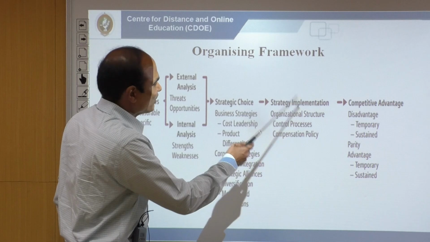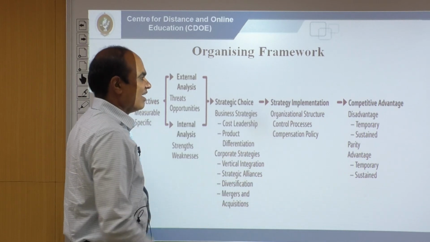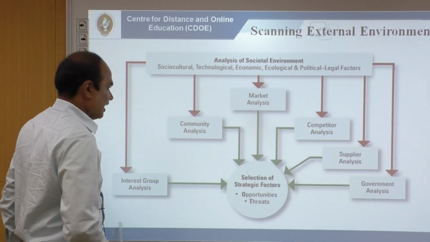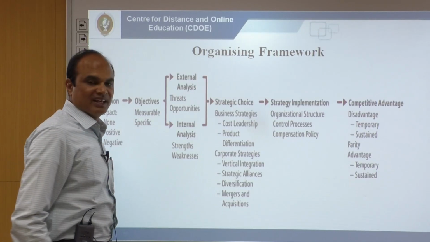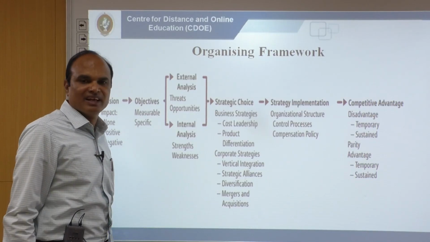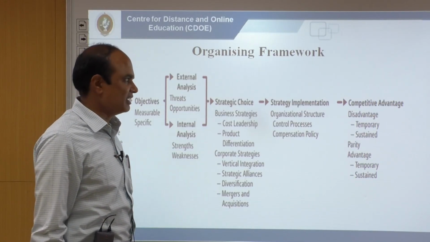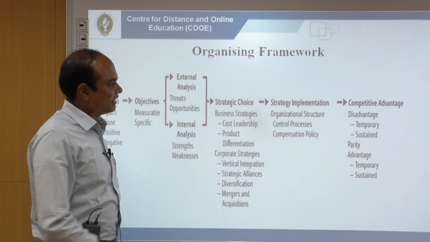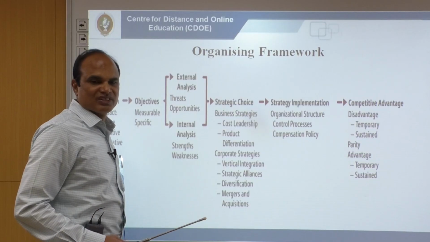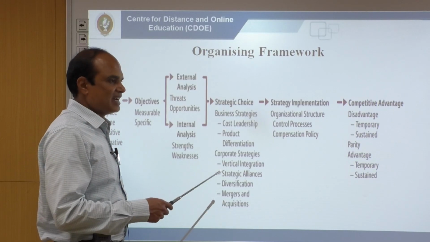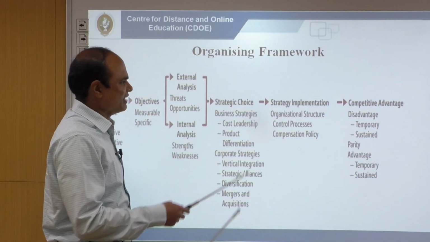In the implementation, what organization structure would the company like to adopt? We have the various structures that we already discussed in MOB, that is management and organizational behavior. The company may go for the matrix structure, virtual structure, line and staff, and many others.